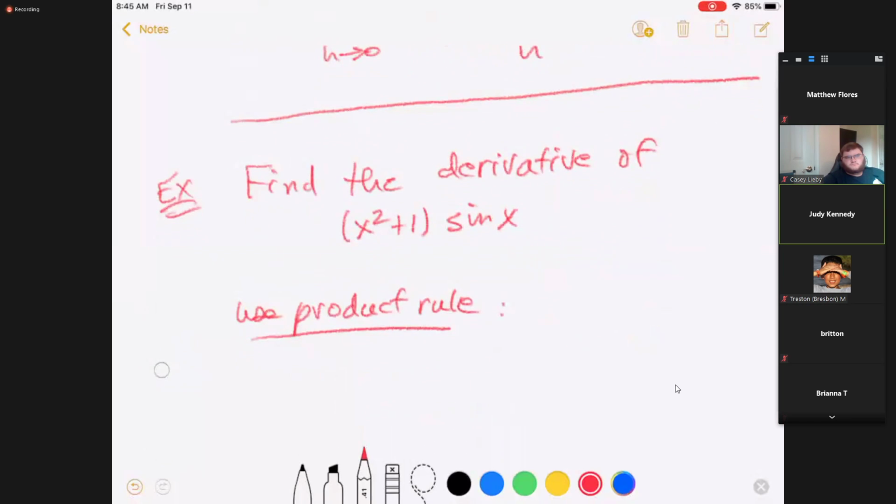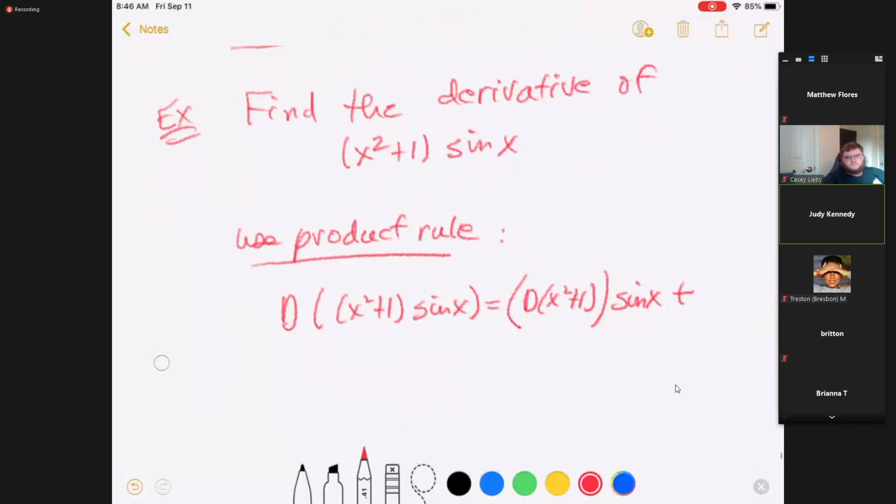And the derivative then of x squared plus 1 times the sine of x is equal to the derivative of x squared plus 1 times the sine of x, plus x squared plus 1 times the derivative of the sine of x.